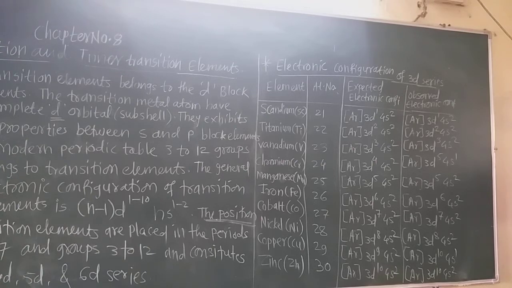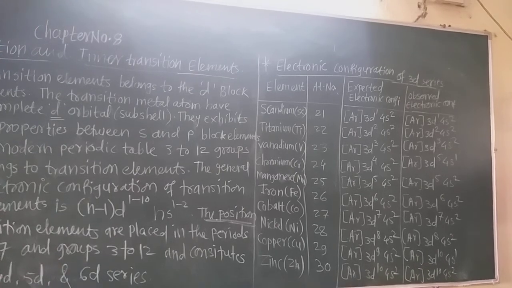Again, copper in the atomic form is not a transition element because its observed electronic configuration has a completely filled d orbital. Now this is the general electronic configuration of the 3d series. We will see the 4d, 5d and 6d series electronic configurations later on.